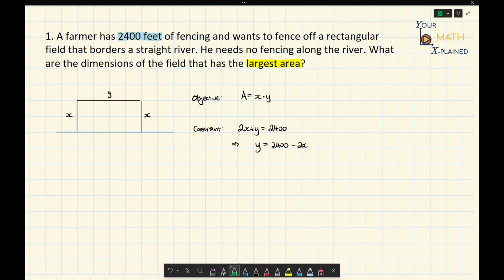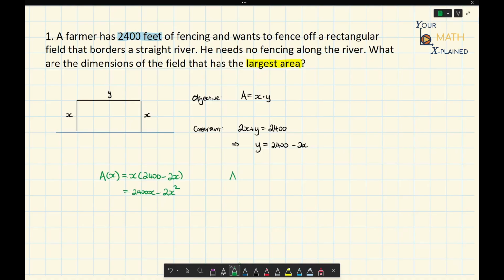So now we can go ahead and rewrite our objective equation area solely as a function of x. So we get A of x is equal to x times (2,400 minus 2x). And then we can distribute that, so that's 2,400x minus 2x squared.